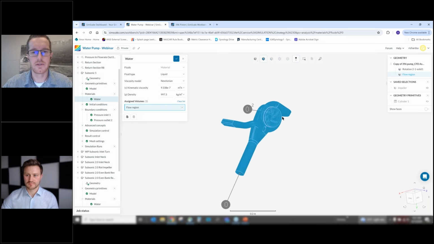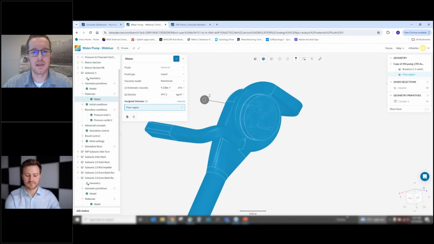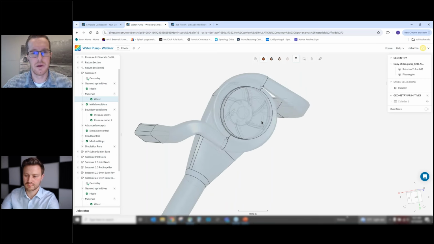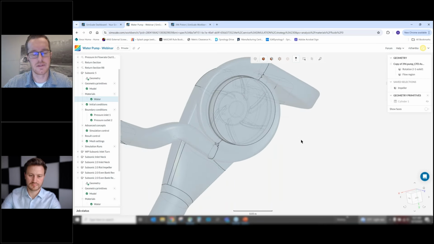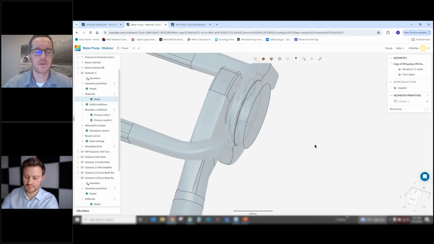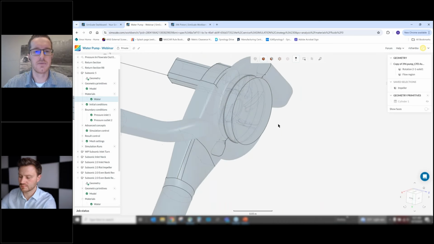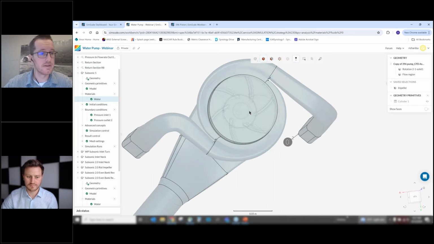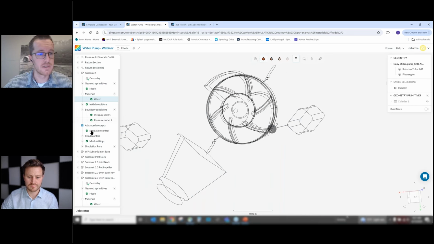You will notice that the impeller is a solid within here, or is a bit of missing geometry in here. It's obviously not occupied by water. So the challenge becomes how do you simulate an impeller and simulate its rotation. And so that's where the advanced concepts comes in, where we have this simulation control.